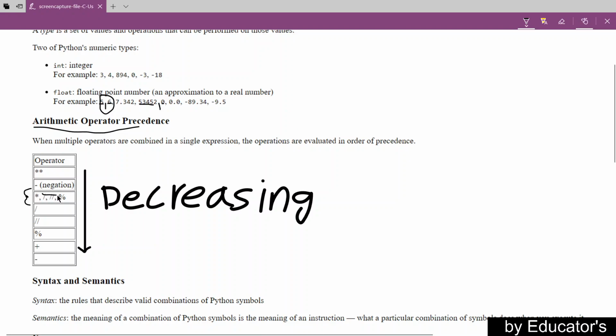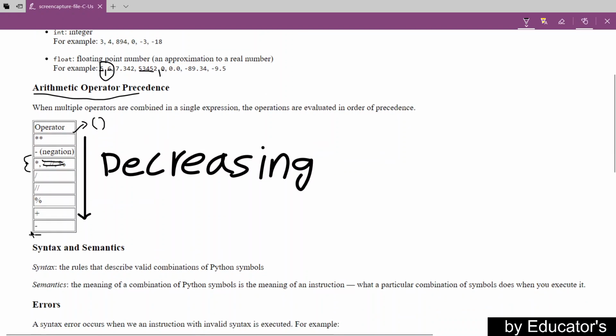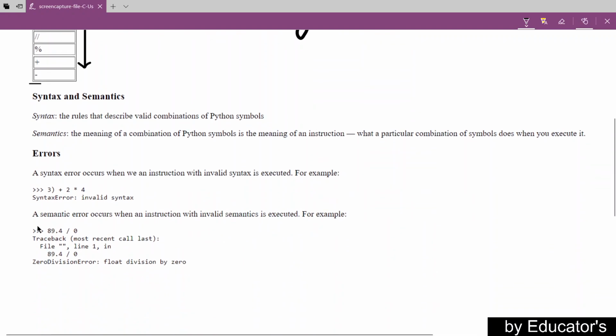You can just forget these and follow this order: multiplication, float division, integer division, modulo, addition, and last comes the subtraction. And before this, the highest one actually is what? The braces, or what we call parentheses, right? Later these all, and the last one is the subtraction.